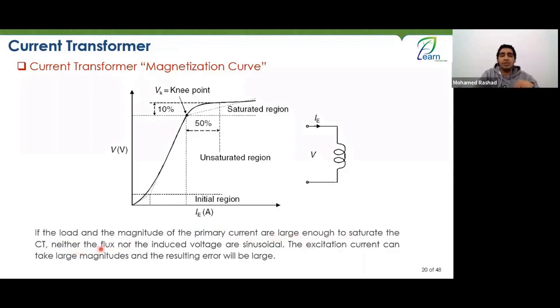Neither the flux nor the induced voltage are sinusoidal, meaning there will be distortion in the voltage wave and also in the flux and consequently in the excitation current. You will have a large error in the current, due to the excitation current itself, which can take large magnitudes.